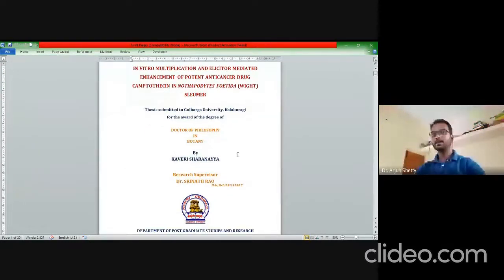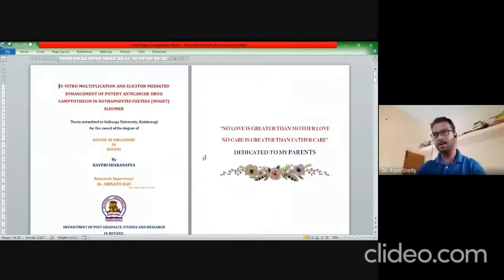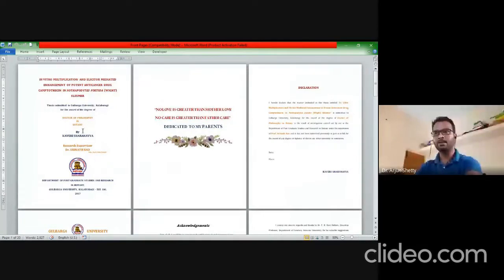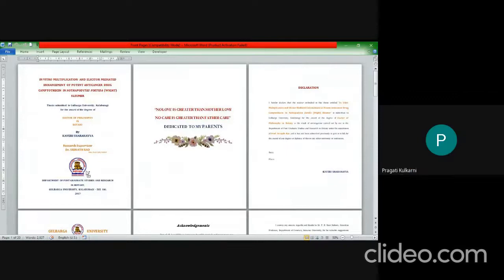Finally, the alignment should be such that the author name comes at the center. Notice how it has been formatted: by Kaveri Sharanaya at the center. Got it? Yes, sir.